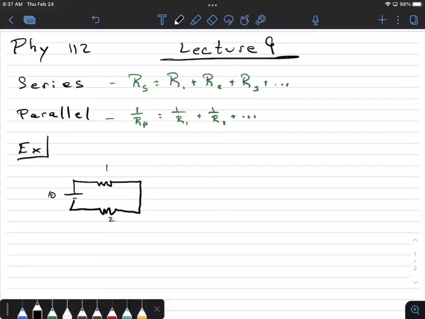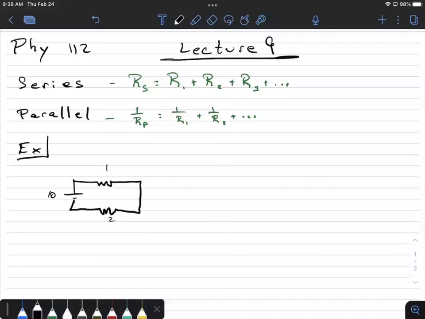Well, what you do, when you are given a circuit, is you look at the resistors and you try to figure out what connections are series connections, what connections are parallel connections. So when I look at this circuit, I say, okay, if they're in series, what I would see is the current coming into a resistor would then have to inevitably go through the other resistor.